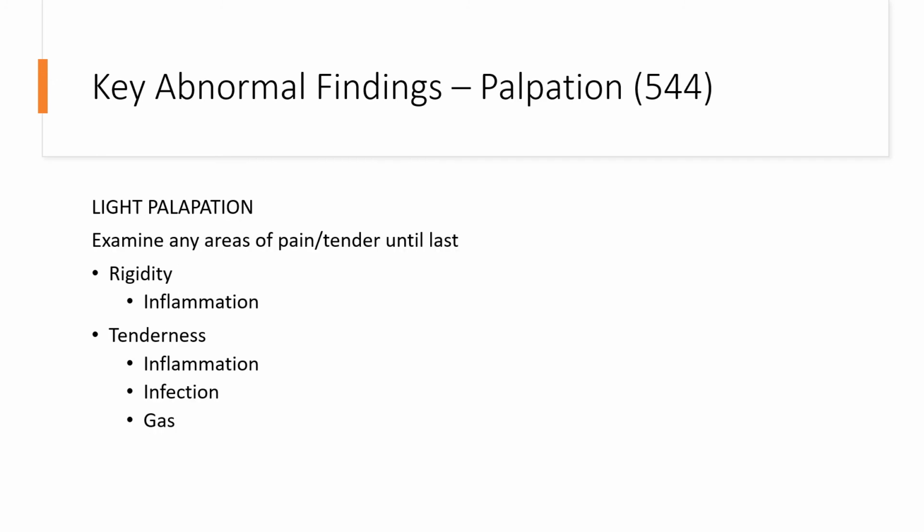All right, with light palpation, remember you want to examine any areas of pain or tenderness last. If you have a patient whose abdomen is very rigid when you palpate it and can't relax, that might be a sign of inflammation. It's called a rigid or board-like abdomen, usually associated with a lot of distress and a lot of pain.